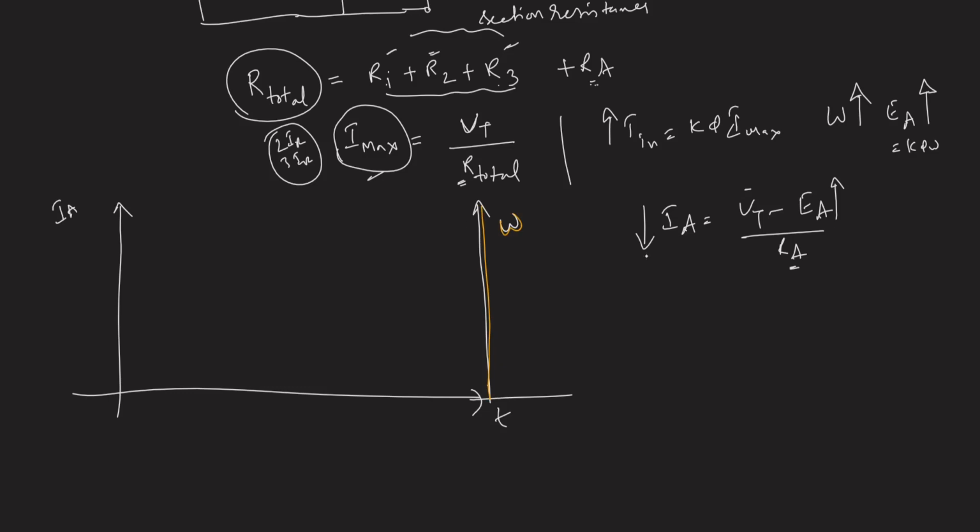Initially the speed rises slowly. Now during this interval, where is my current Ia? Initially at 0 speed, Ia is suddenly raised to Imax. So as the speed increases, my current will decrease.